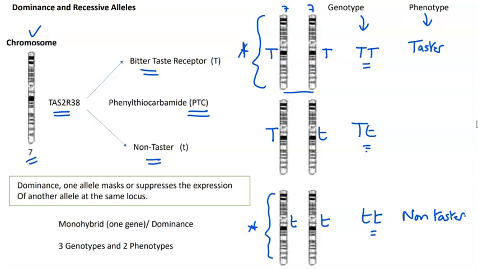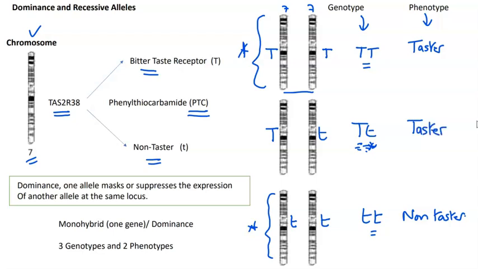And in this case, what happens is that the gene version, big T, when expressed, completely masks the effect of the little t. So it's completely covering up or masking the effect of that little t allele, and therefore this person is a taster.